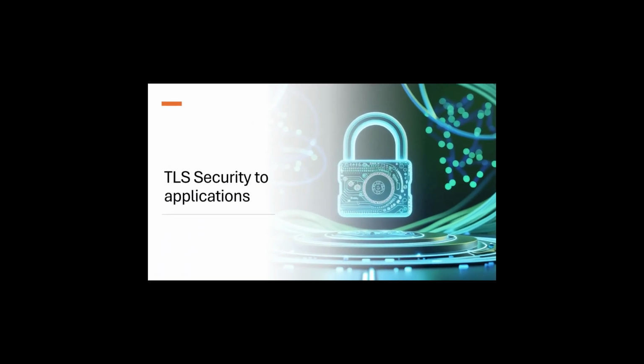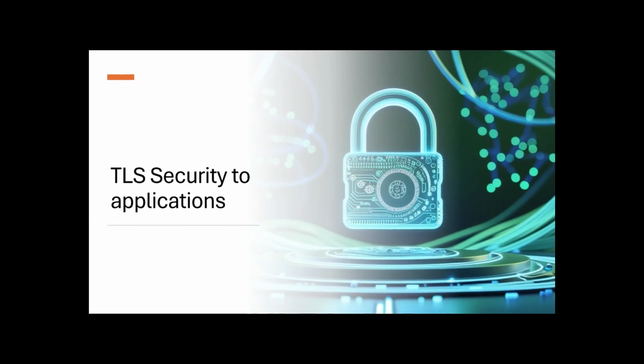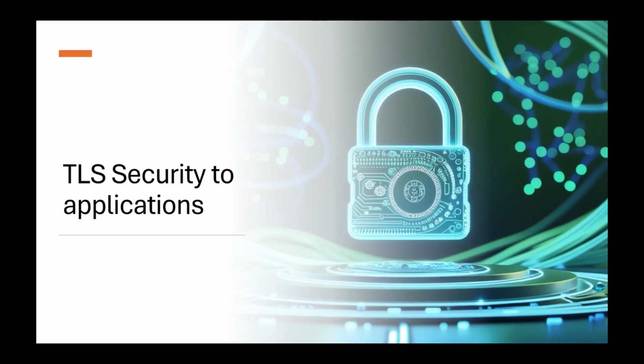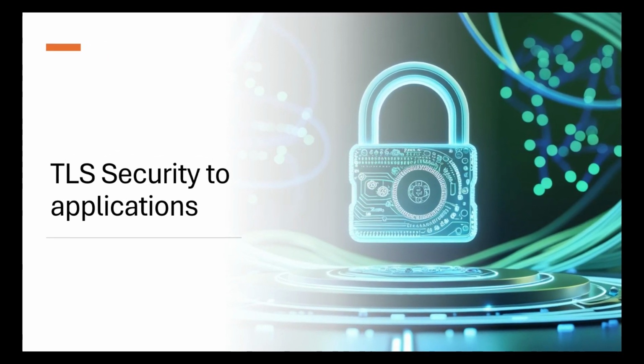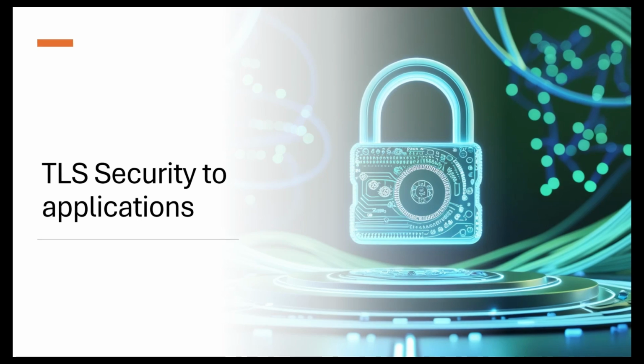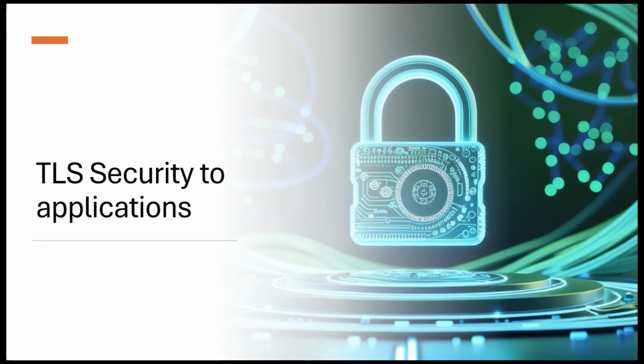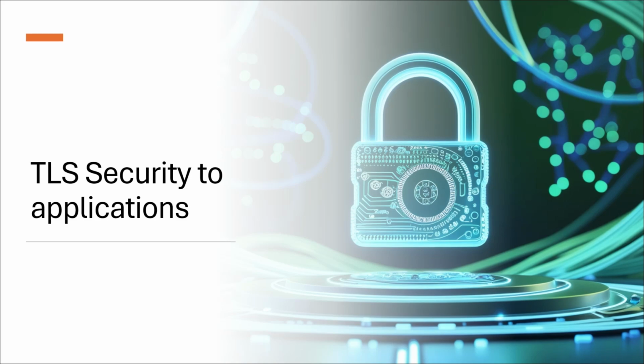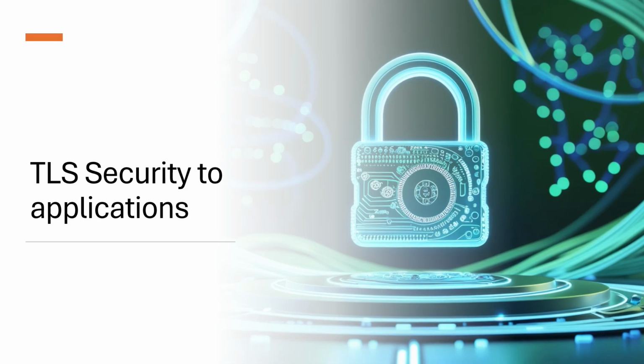When it comes to securing your applications in Azure, implementing transport layer security is essential. Think of TLS as your application's protective shield, ensuring that any data exchange between users and your services, such as Azure App Service and API Management, is encrypted and protected from eavesdropping, tampering, and impersonation.